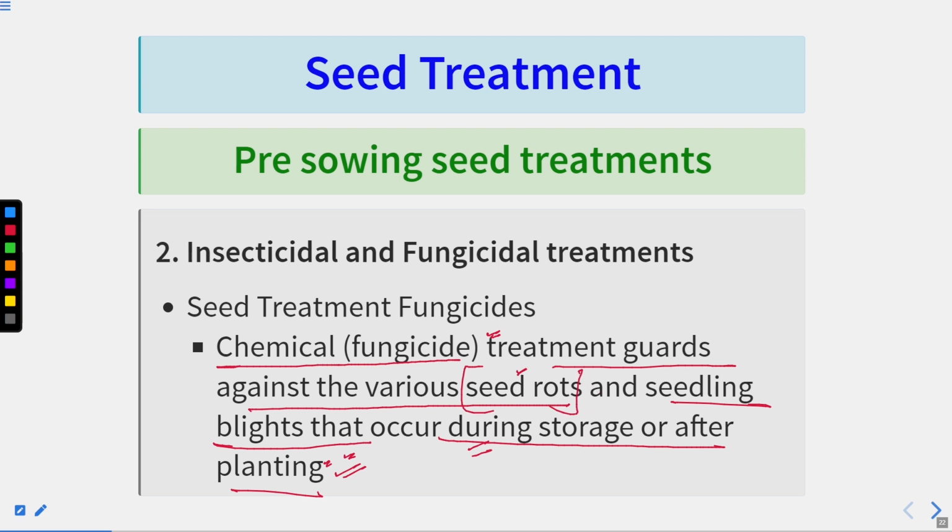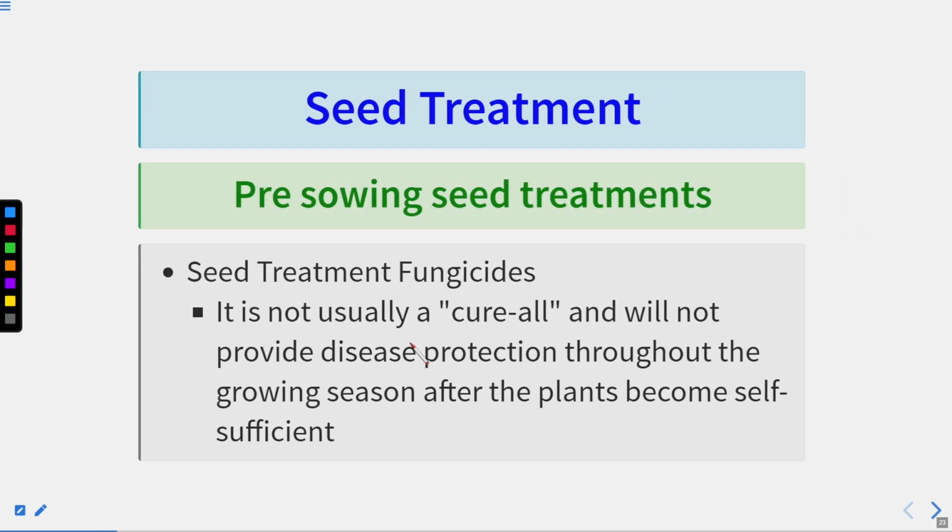There are seed rot diseases and there is seedling blight. At the seedling stage, the seedling gets blighted and appears as if it has been burned. So all of this, at the time of storage and at the time of sowing, if we use this fungicide, it can remove all those pathogens.